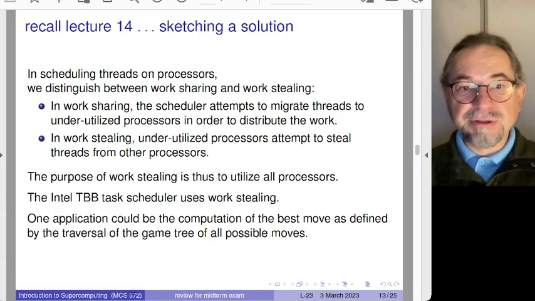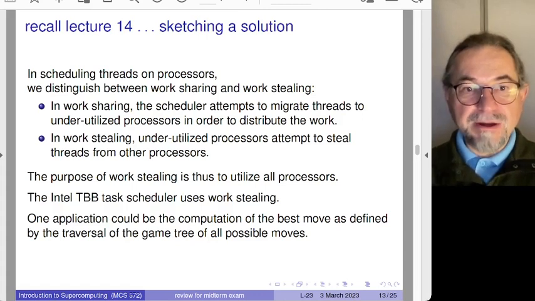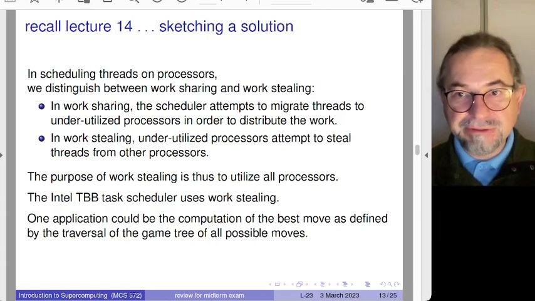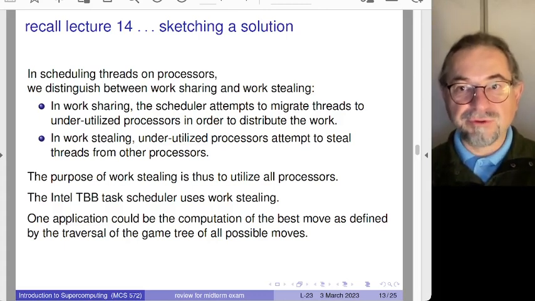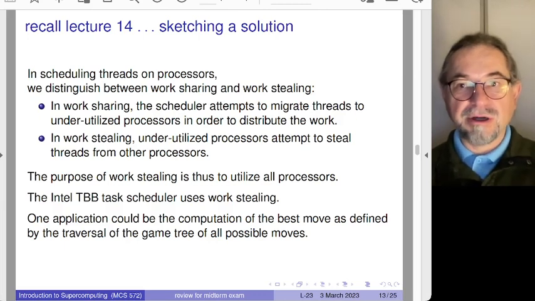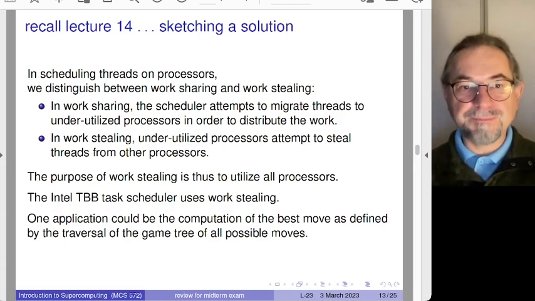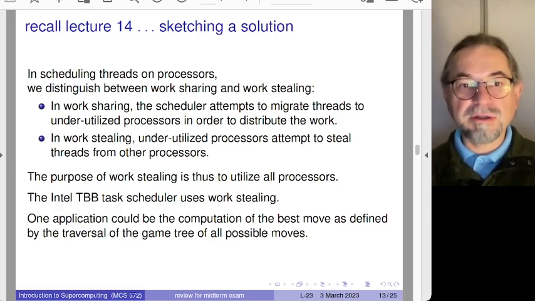So one application, we had an exercise by computing permanents this semester. Another application is the computation of a game tree where you would distribute it according to the first 2 or 3 levels. You would distribute the threads, each investigating the first 3 levels in the game tree, but then they need to be responsible for all nodes that are below their levels.